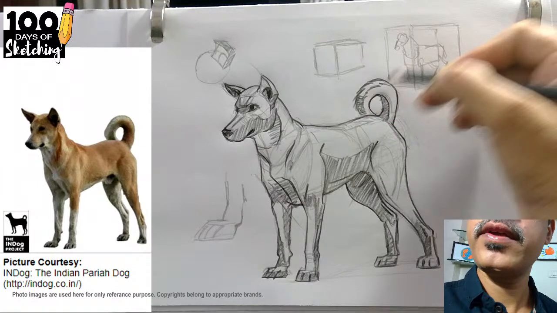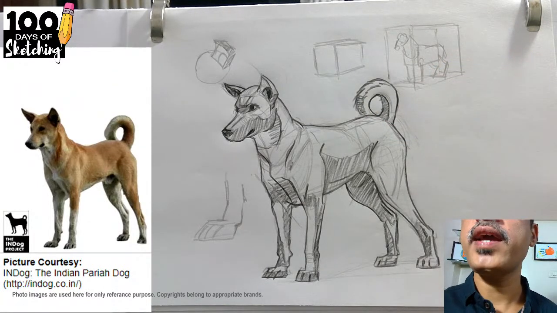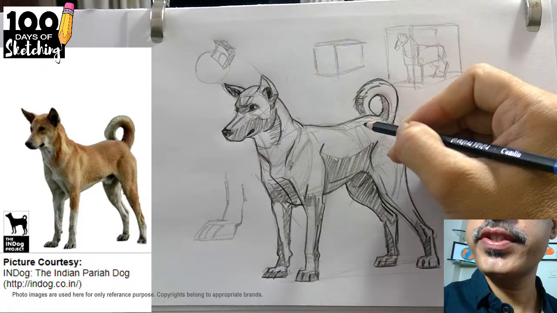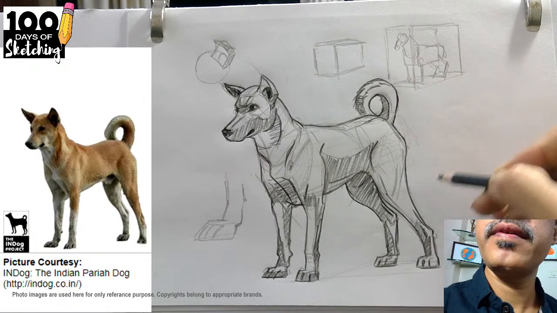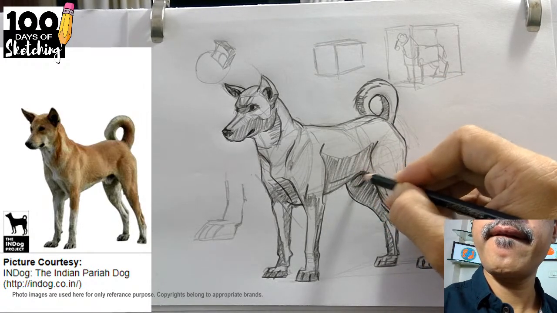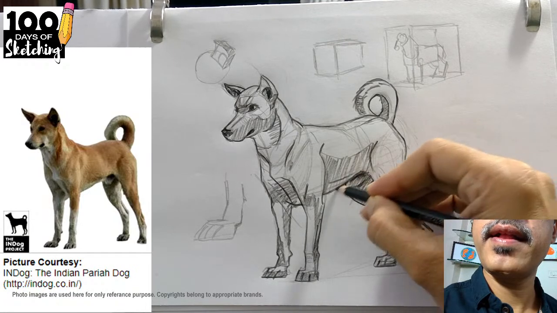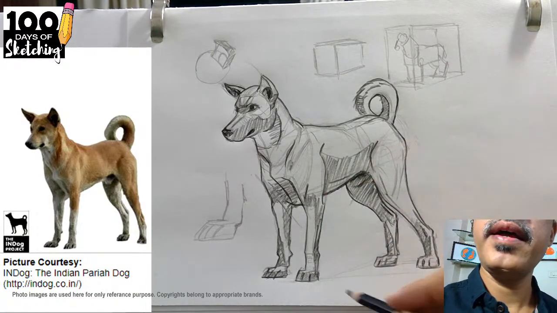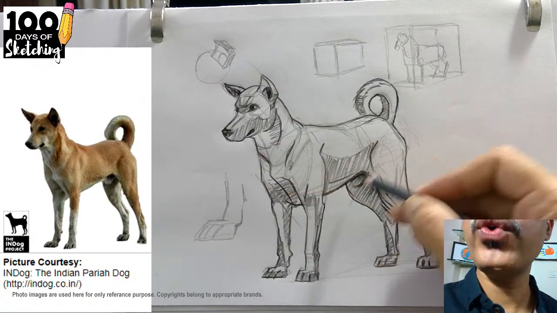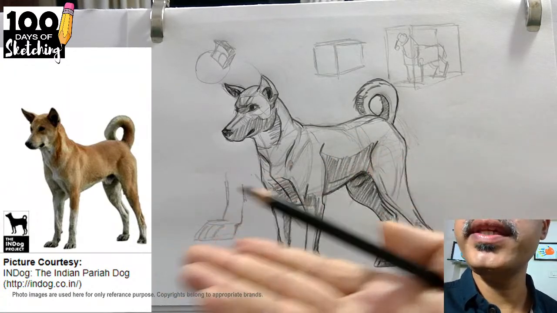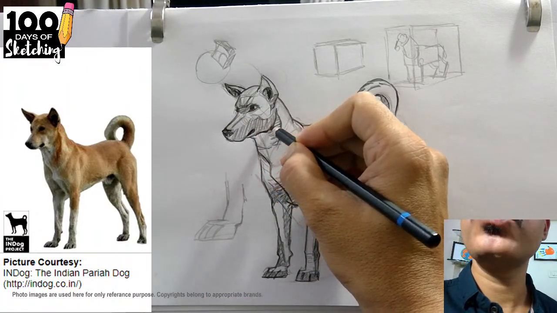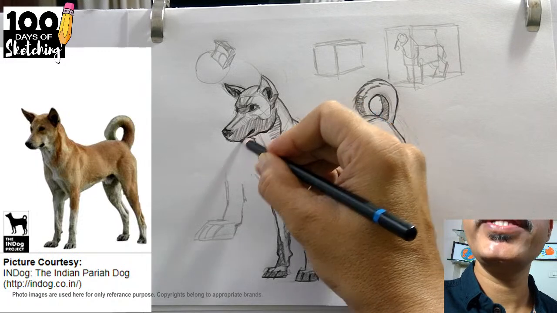So with this little shading, you actually add a lot of dimension to the sketch. And one more thing I do is that wherever the shadow areas are, or the base bottom area, I make it a little darker to give a little weightage to that.